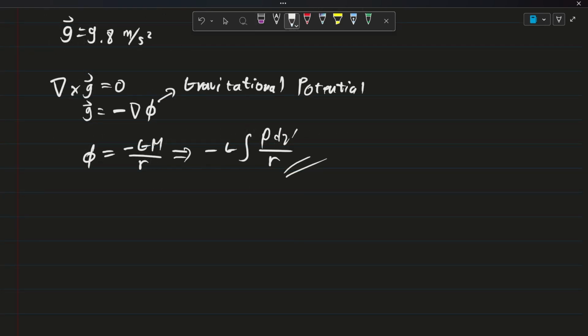So what is the use of the gravitational potential? In order to see the use, we need to examine the energy. Let's say you have one particle and another particle, and there's a gravitational field.